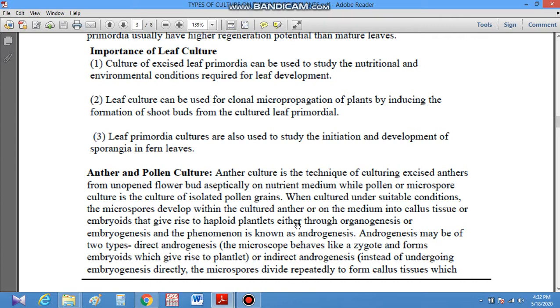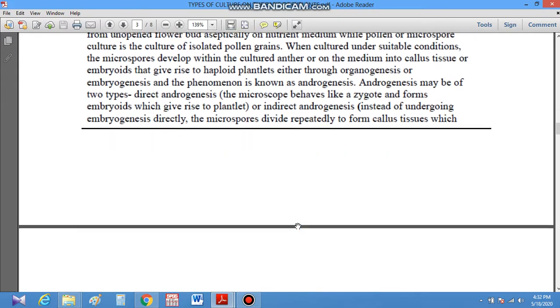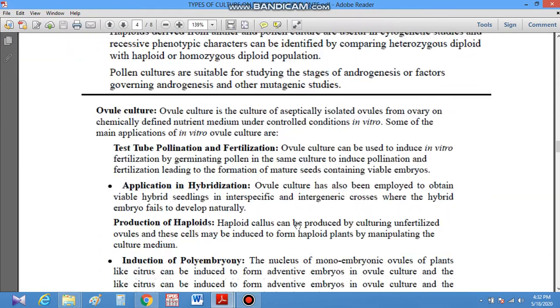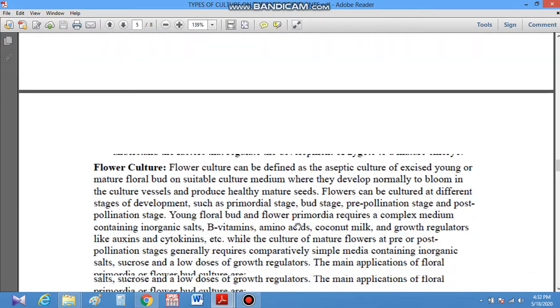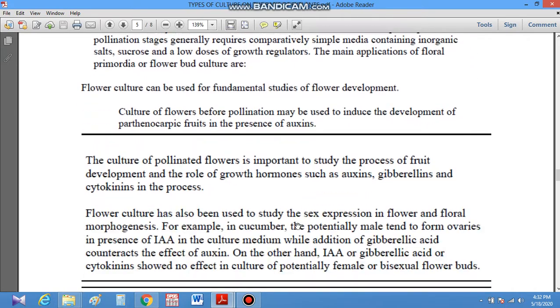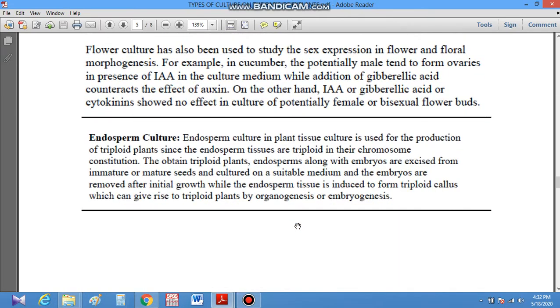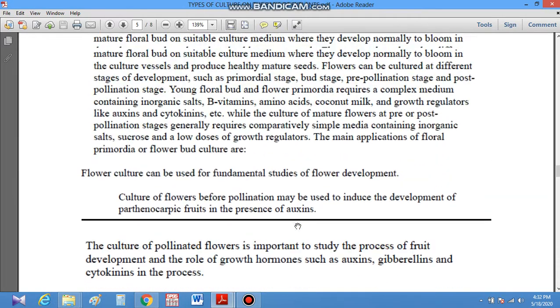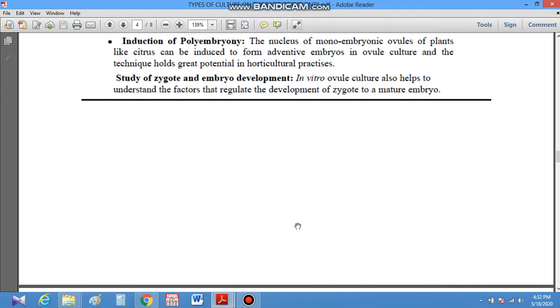We can also talk about ovule culture, flower culture, and endosperm culture. Regeneration of a whole plant from the ovule in the nutrient medium is called ovule culture, which is also known as ovary culture. These ovules may be unfertilized or fertilized.